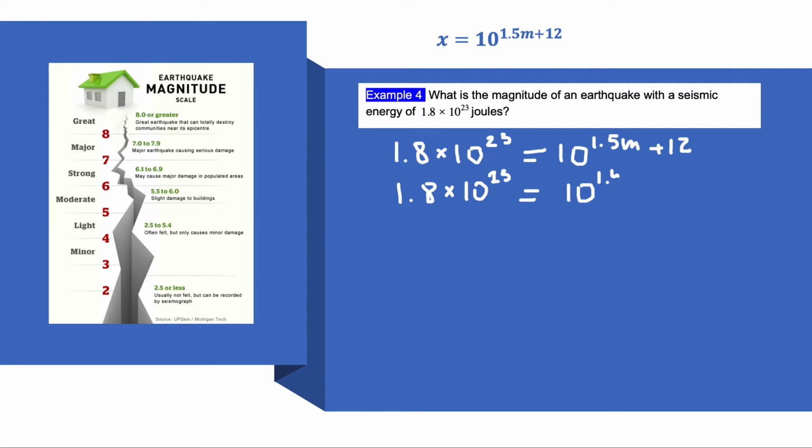I will write it in the expanded form: 10 to the exponent 1.5 m times 10 to the exponent 12.